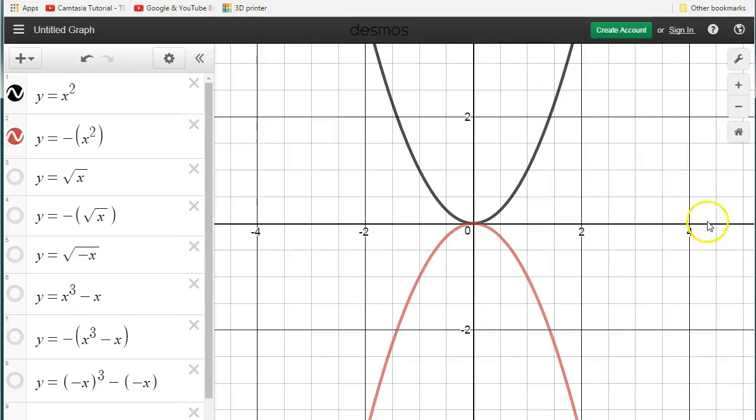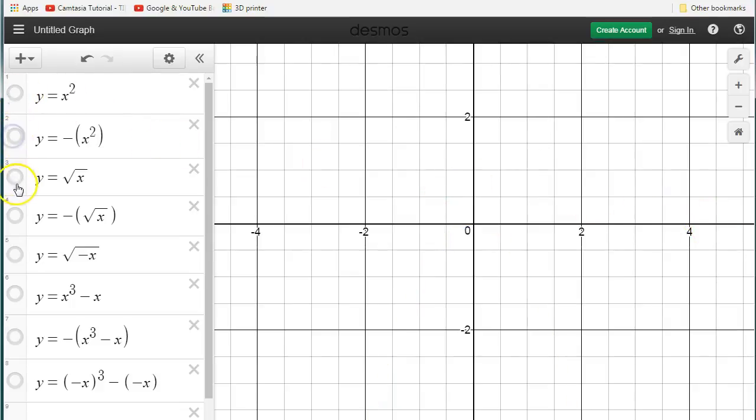And this works with all kinds of functions, not just x squared. Let's look at square root of x. We multiply that by -1 and turn it upside down, like so. Multiply by -1, change all the y values from positive to negative, and if we had any negative y values, we would be changing those from negative to positive.